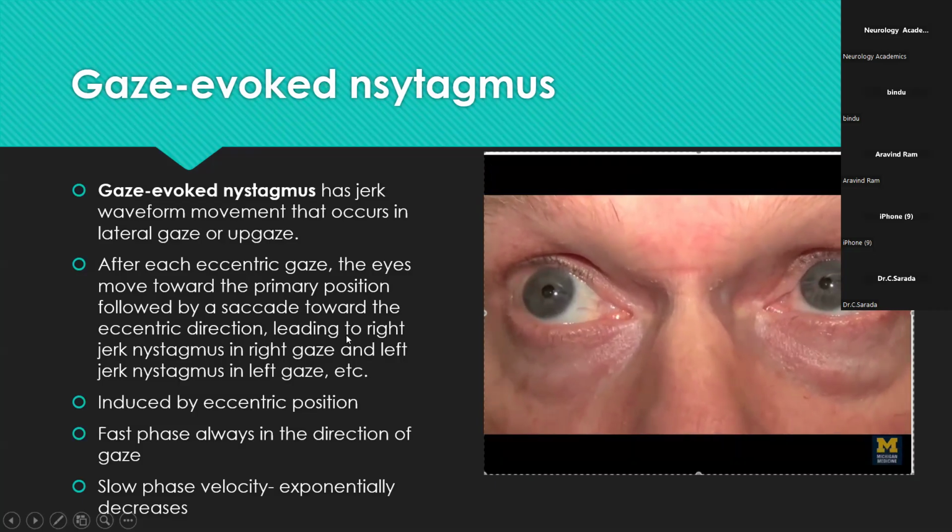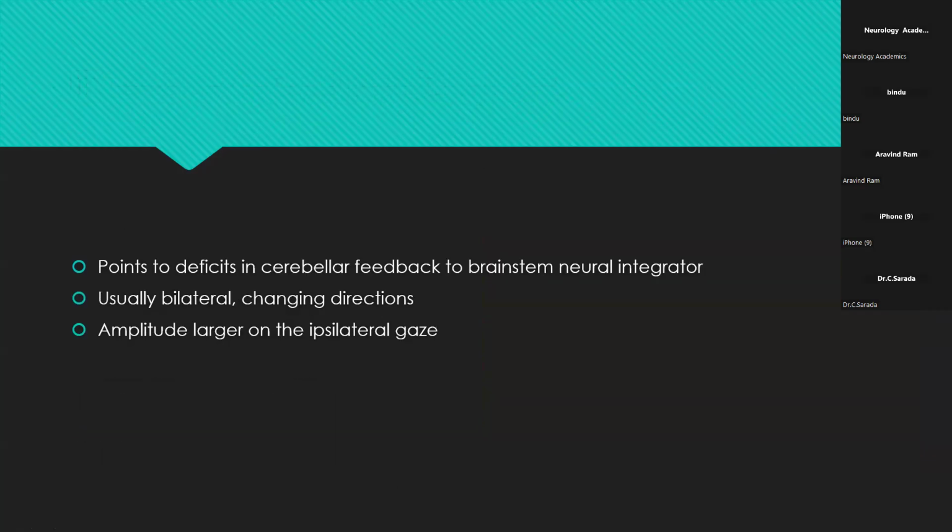As in this video, it is induced by an eccentric position, and the fast phase is always in the direction of the gaze, with the slow phase velocity exponentially decreasing. That will be shown in the velocity waveforms. So the defect is in the cerebellar feedback loop, which supposedly prevents such a drift of the eye towards the primary gaze position because of leaky neural integrators.